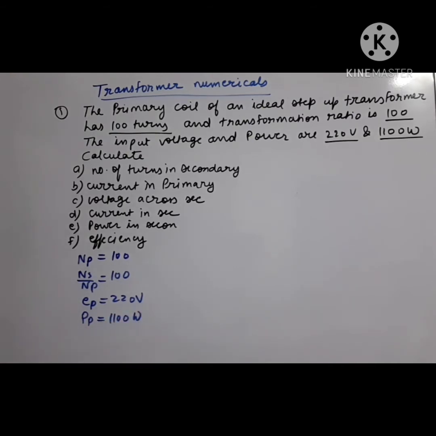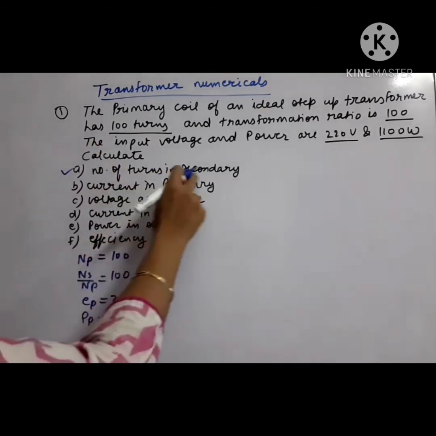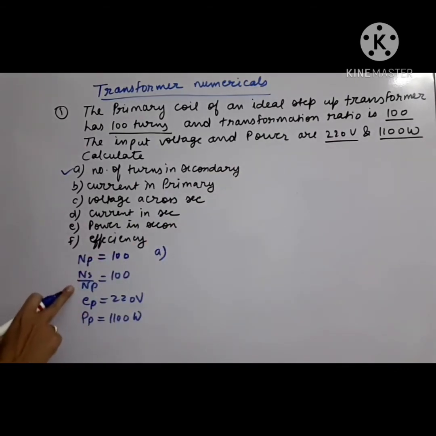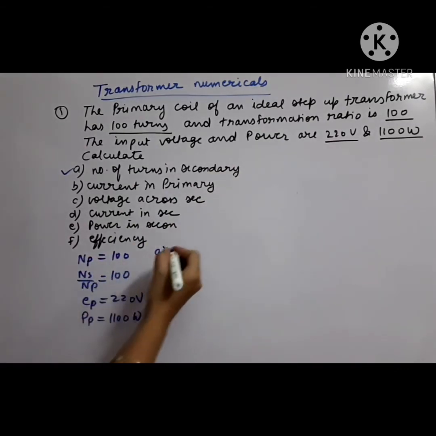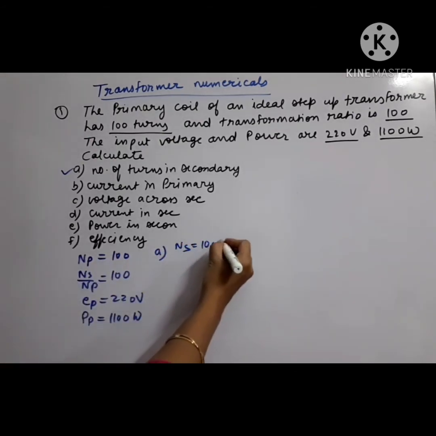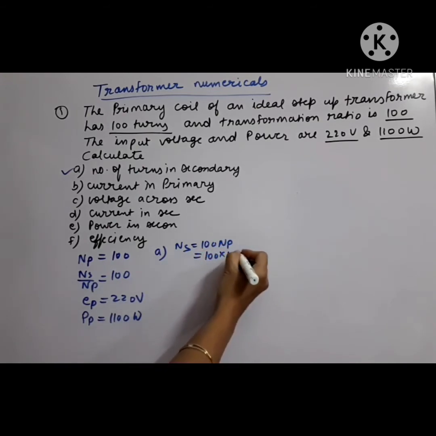Now let us start solving. First question is the number of turns in secondary. NP is given. NS upon NP ratio we also know. So using this, NS which is required is 100 NP. So 100 into 100. The answer is 10 raised to power 4.